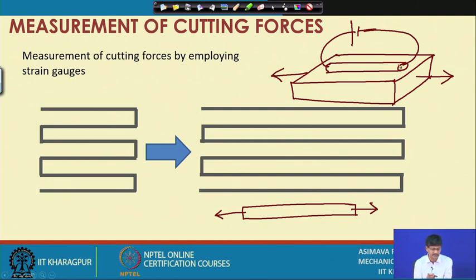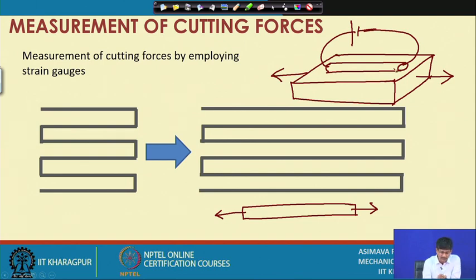I will say that is impossible. On the cutting tool, when it is mounted on the lathe, there is hardly any elbow space. You have to do things within a very small space, but small spaces will mean that this length will be limited, and within this limited length you can hardly expect an appreciable change in resistance due to strain.